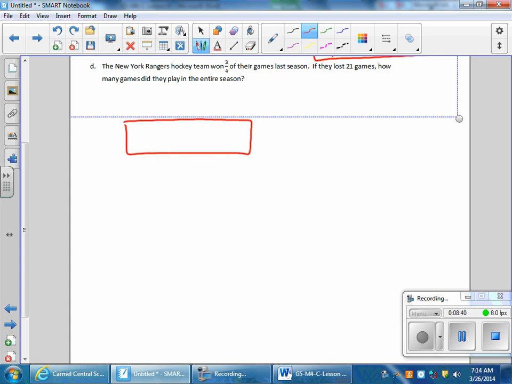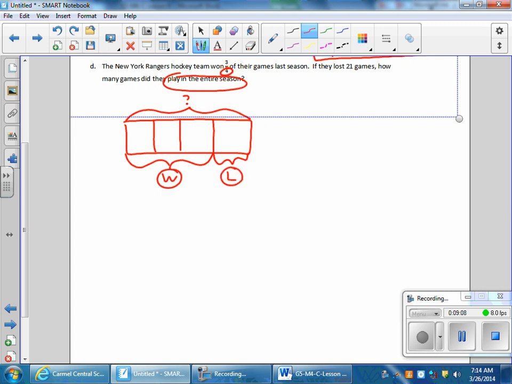I'm going to break it into 4 pieces. I don't know how many games they played in an entire season yet. That's what I'm looking for. But I do know that they won 3/4 of their games, which means they would have lost the other 4. We're assuming that there are no ties.